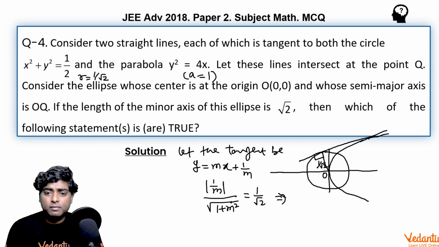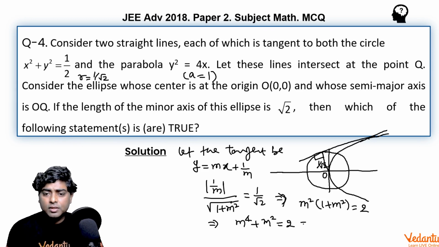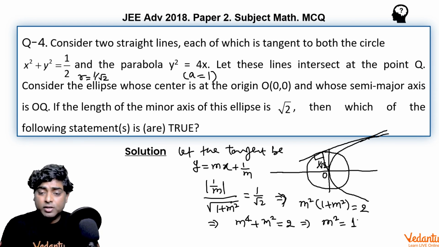If you solve it, squaring both sides, we get m²(1 + m²) = 2. As m² is positive, of the two values of m² one would be 1 and the other −2, which is not possible because m² is positive.